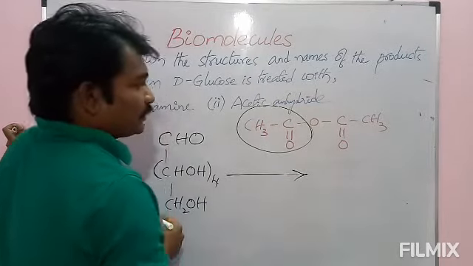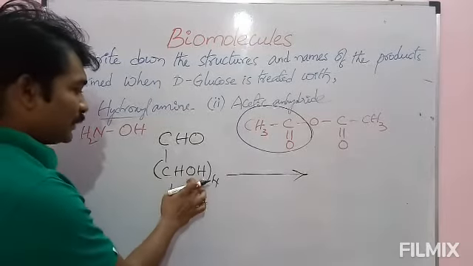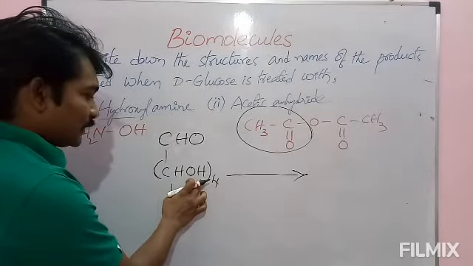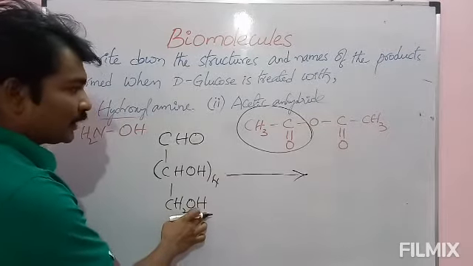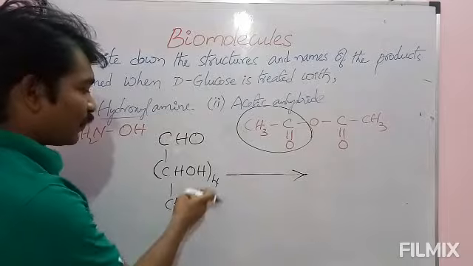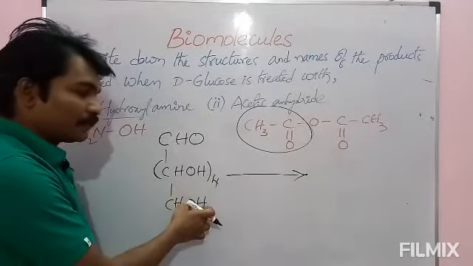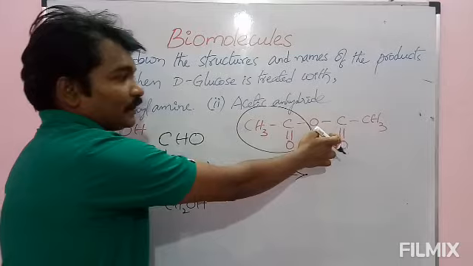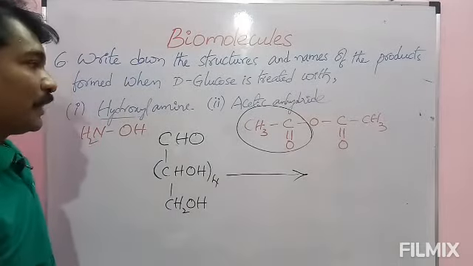This part, CH3C double bond O, replaces the hydrogens present here, four plus this one. Total five hydrogens are replaced with CH3C double bond O, and the five hydrogens removed will join with this one, and it will form ethanoic acid.